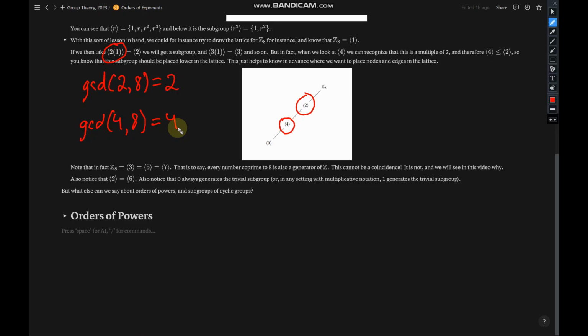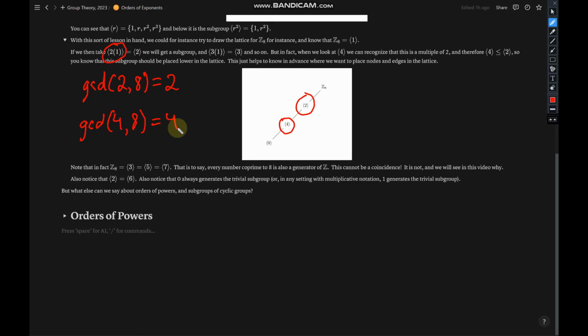So maybe it would be a little bit clearer if we instead think about the numbers that do share a common factor with 8. So certainly 2 and 8 share a common factor of 2. 4 and 8 share a common factor of 4, as well as 2. 6 and 8 share a common factor of 2. And these elements, 2, 4, and 6, do not generate the whole group.